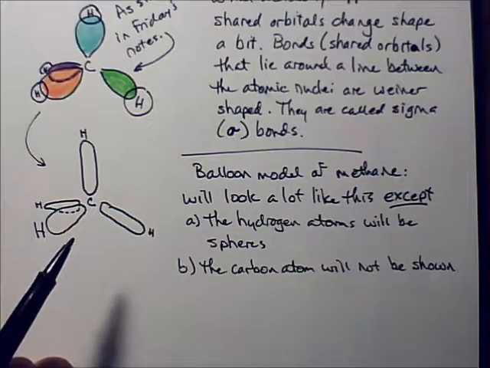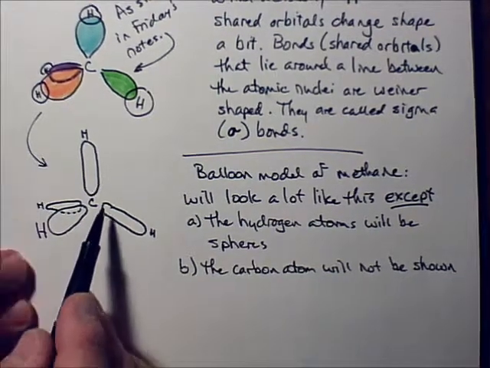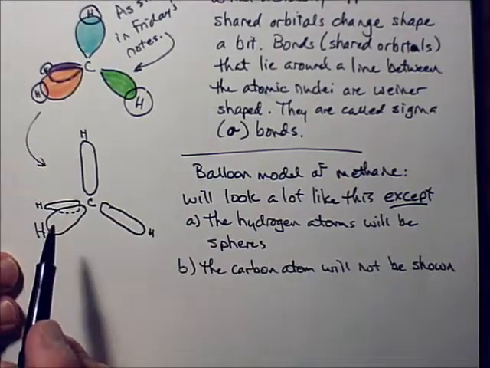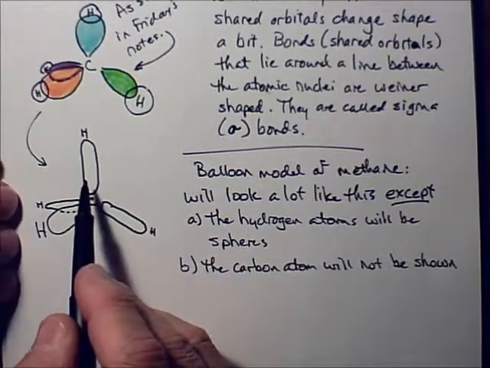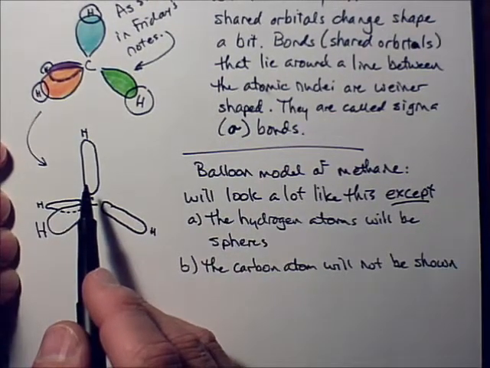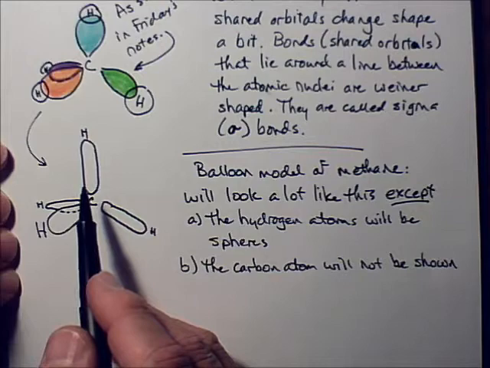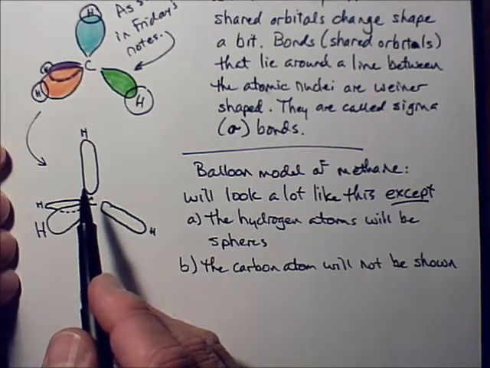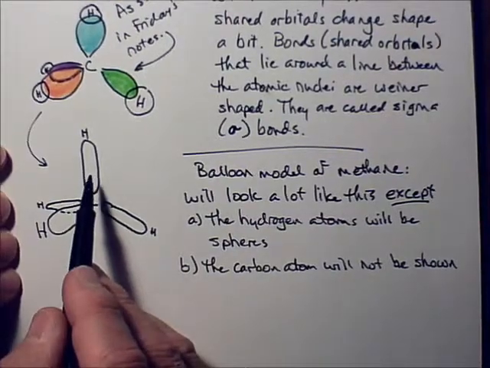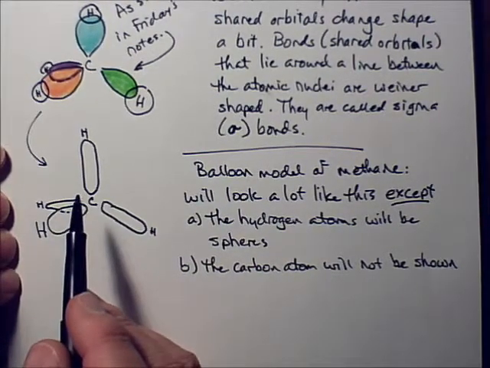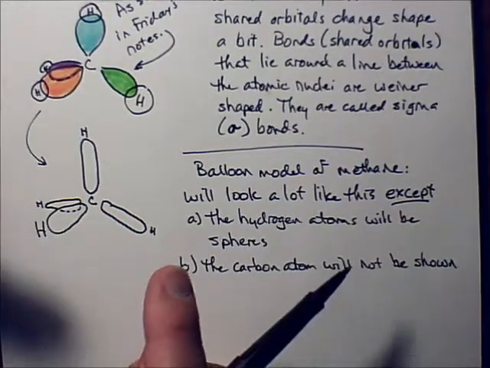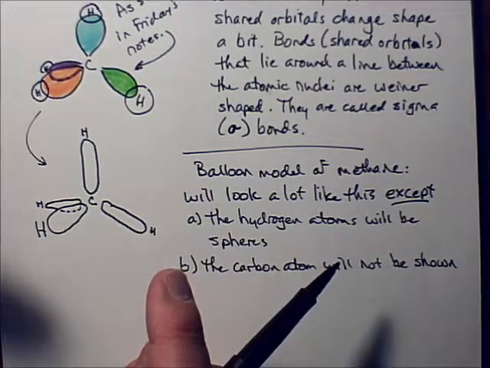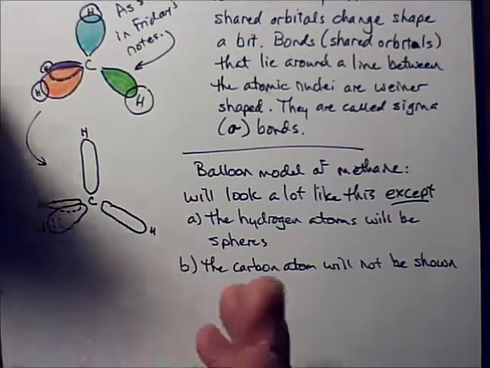Now, the reason that it forms a tetrahedron is the same reason that this molecule forms a tetrahedron. Try to remember that electrons have a negative charge. Like charges repel, except we can get two electrons in the same region if they have opposite spins. Opposite spins cancel the electromagnetic repulsion.